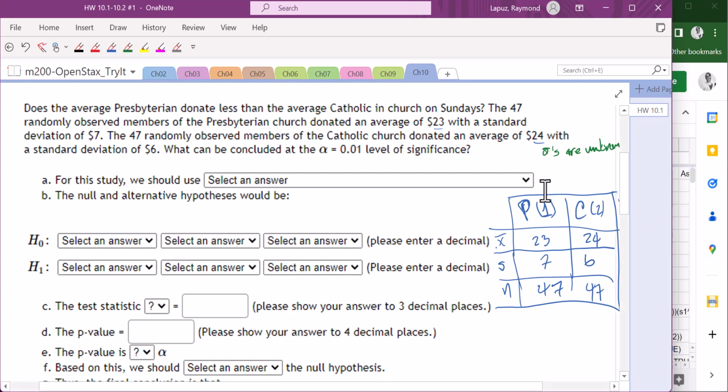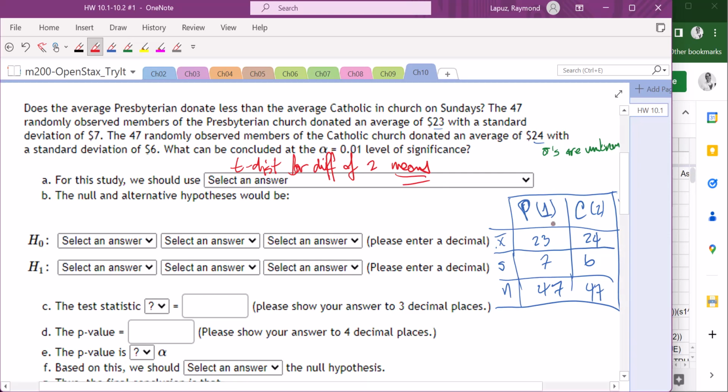Yeah, I think we're going to use a t distribution. This is the t distribution specifically for the difference of two means. Right, that's what we're comparing.